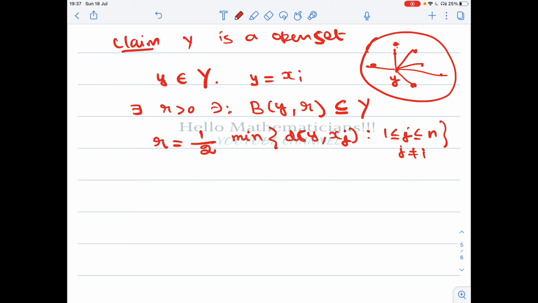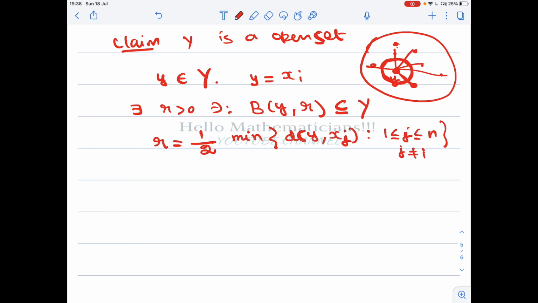Suppose this is the minimum distance, so this point is the one which lies closest to y. Then I take half of this distance and draw the open ball around the point y. This is the closest point to y and I am taking a radius strictly less than that. Therefore, in this neighborhood, you will have only the point y.